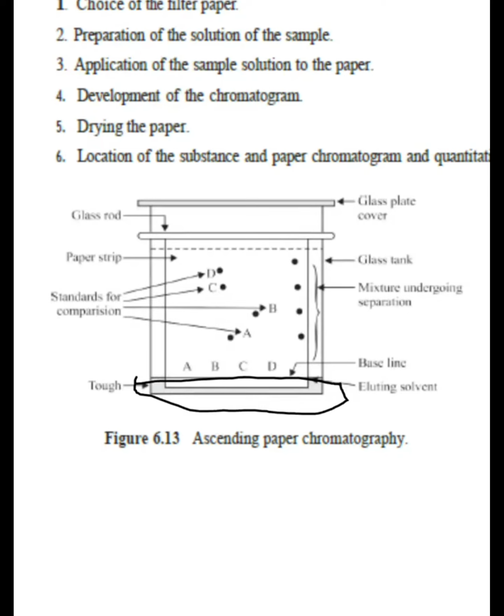The paper chromatogram is inserted inside the beaker, and when we plot the spot, it moves upwards. We are going to use solvents that we have taken in different ratios.